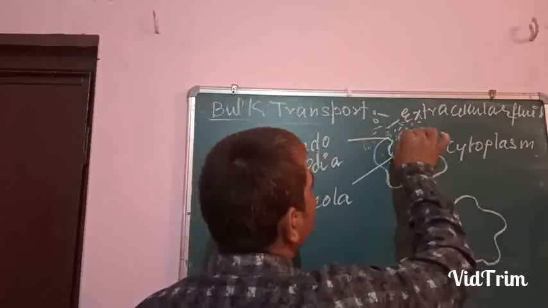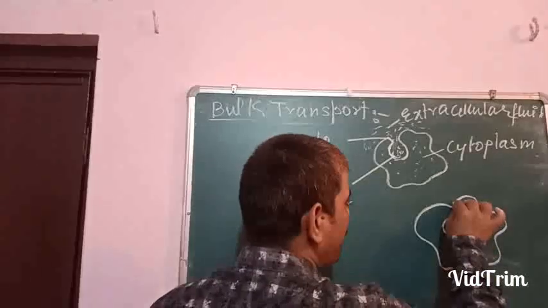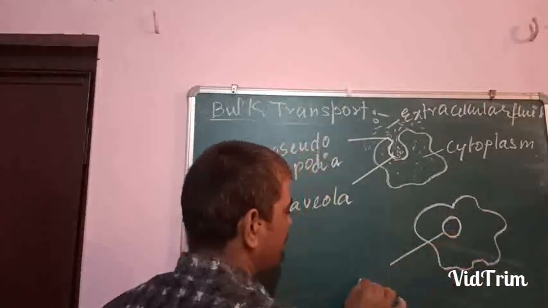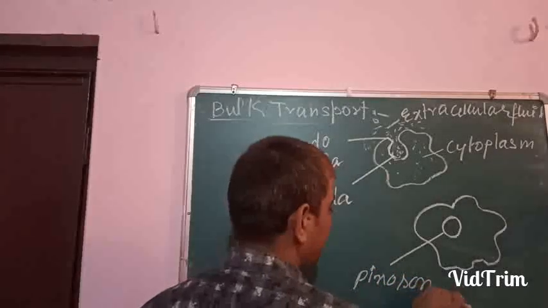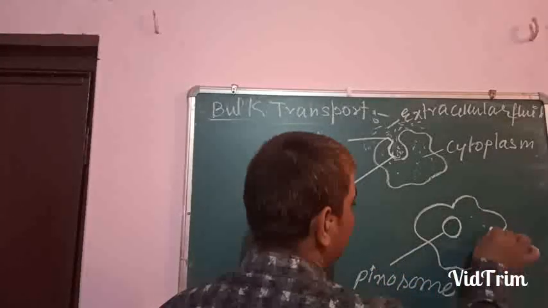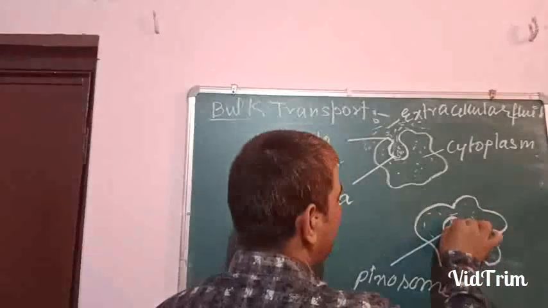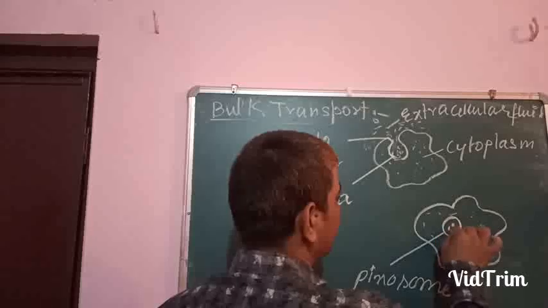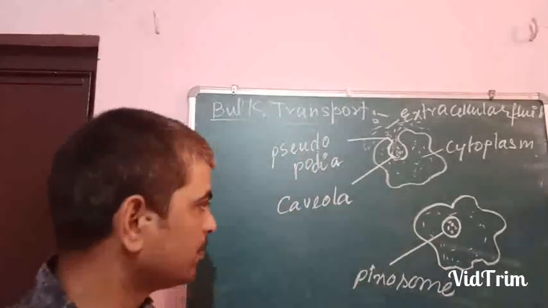This will be joined together and this portion will knit off to form a vacuole. This vacuole is called the pinosome. Rest of the things are similar. This is the cytoplasm. The whole structure is amoeba and some materials it has entrapped in this vacuole.